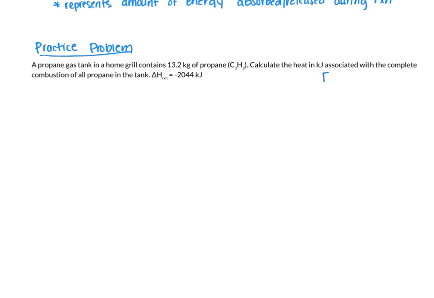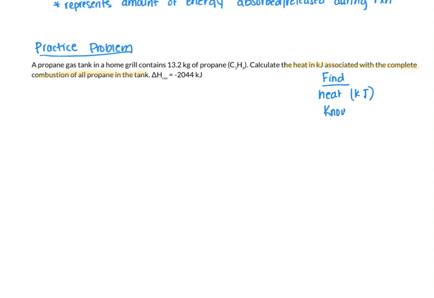So let's start off with what are we trying to find? It tells us right here, we're trying to calculate the heat in kilojoules associated with the complete combustion of all propane in the tank. So we're trying to find heat in units of kilojoules.